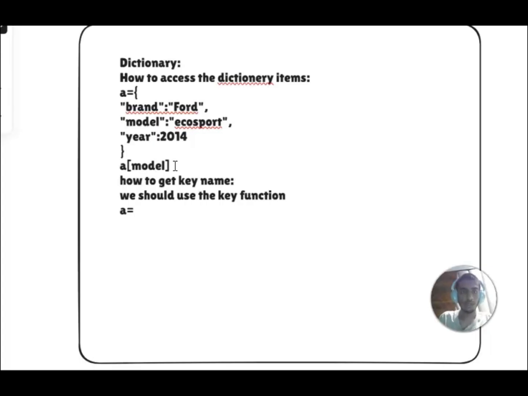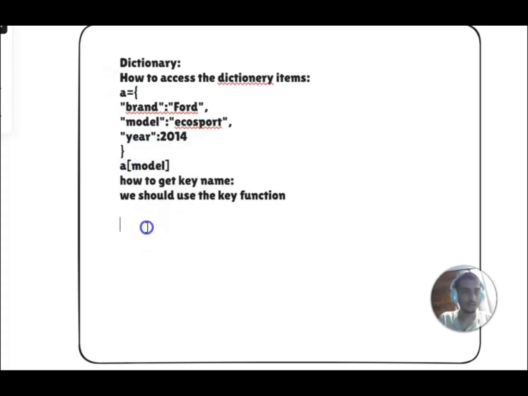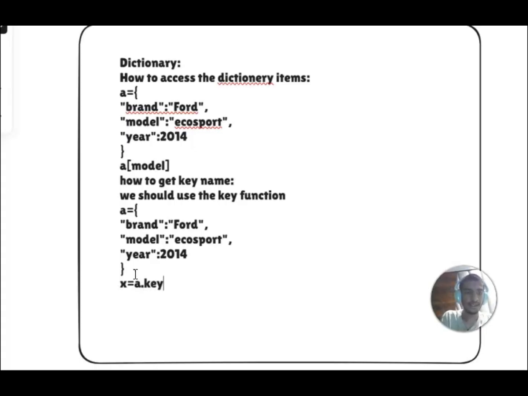Let's take a variable x equal to a dot keys, and print x.